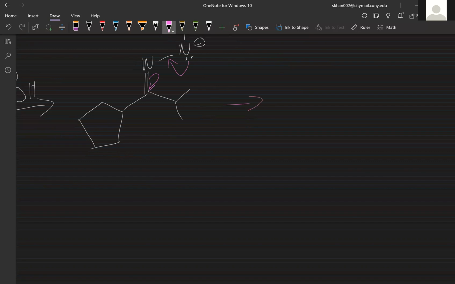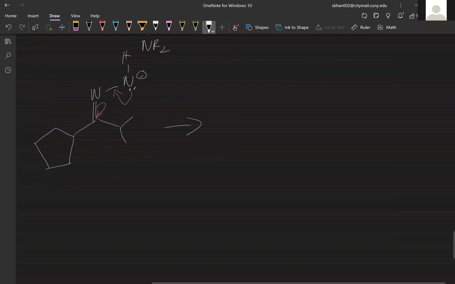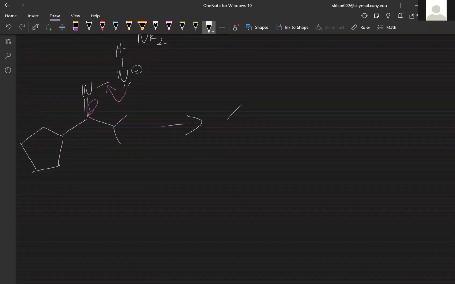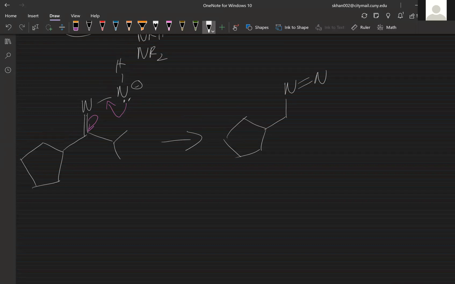Then we can just go on to the next one, which is just that. And this is where the water comes in. It's literally just a proton source. Now we should have this, and we still have another H here.